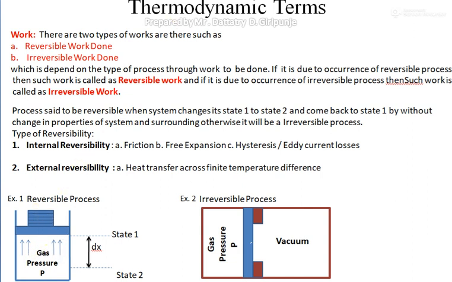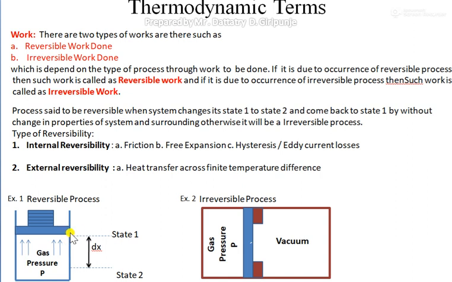As the piston is completely frictionless, whatever weight I am adding in order to push the piston downward, the effect of that weight is not used to overcome the friction between piston and cylinder. It is directly utilized to push the piston downward. Only pressure P will give a resistant force, not the piston cylinder friction losses.